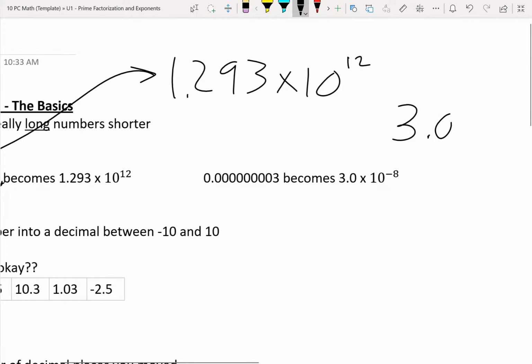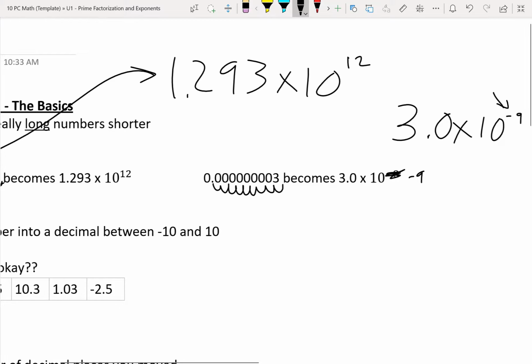I'm going to make it 3.0. Then we need to do times 10. And again, we need to count how many times the decimal place moved. So it starts right there, and it needs to move to there. So I'm going to count 1, 2, 3, 4, 5, 6, 7, 8, 9. Yep, so it's not going to be 8. It's going to be negative 9, okay?